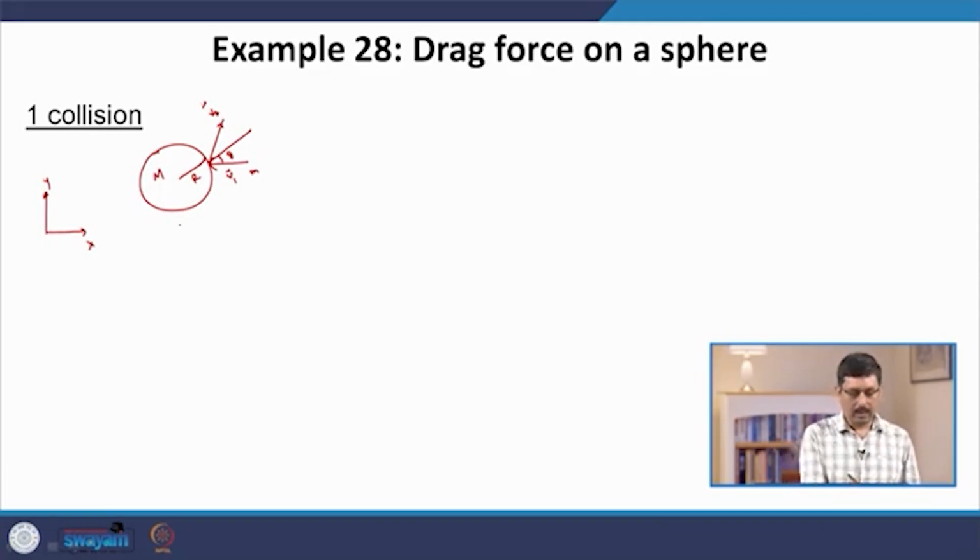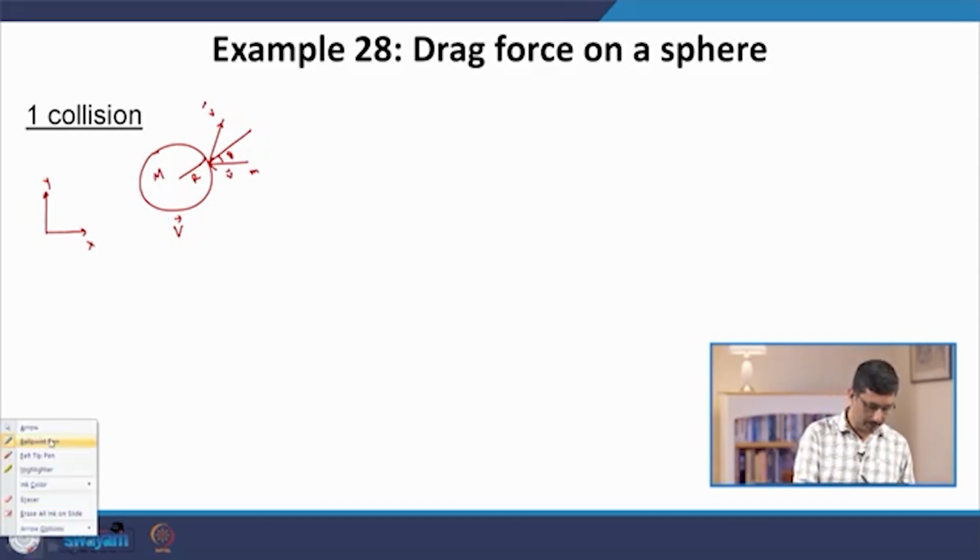Now, this sphere is moving with a velocity v. We can also imagine it in the following way: let us say the sphere is at rest, and if you are sitting on the sphere, you will see that this fluid particle is approaching the sphere with a velocity v in the opposite direction. This is going to be our assumption.